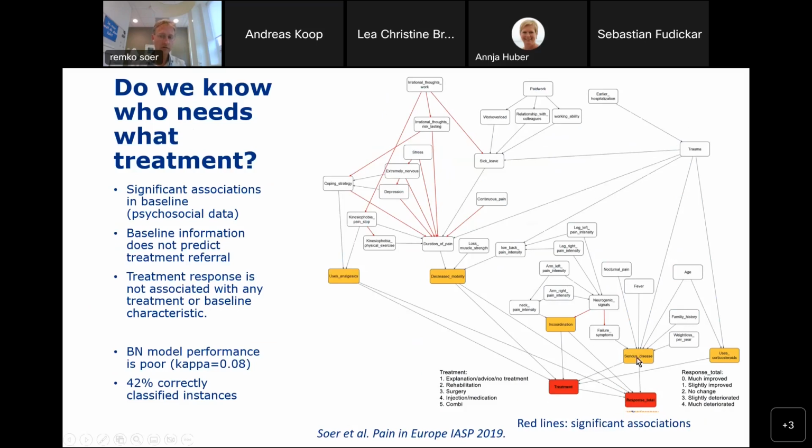So we're still a bit in the dark here, and we don't know, based on large data, whether someone would benefit from surgery or rehabilitation or whatever. But perhaps you could do this in a good N-of-1 design. It brings me a new idea, Sebastian, of what we could do. Perhaps we can even combine the two, but that's for later.